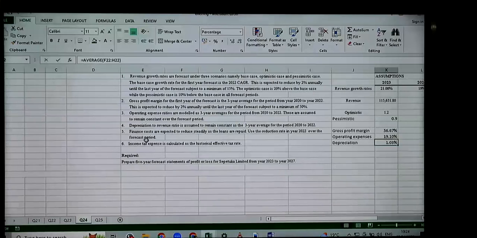So we'll talk of finance cost. The finance cost is expected to reduce steadily as the loans are repaid. Use the reduction rate in the year 2022 of the forecast. Let me see, let me check on the charts.